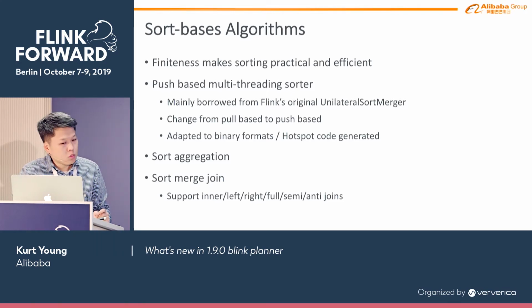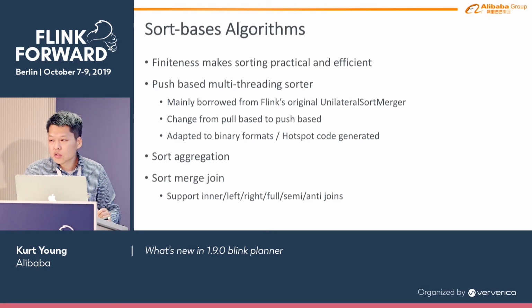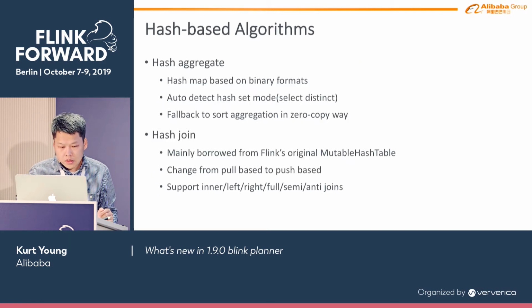Based on sort, we also introduced a sort merge join as well as sort aggregation. So a lot of sort-based algorithms are only available in batch. Also, we have some hash-based algorithms. Hash-based algorithms are stricter than sort.